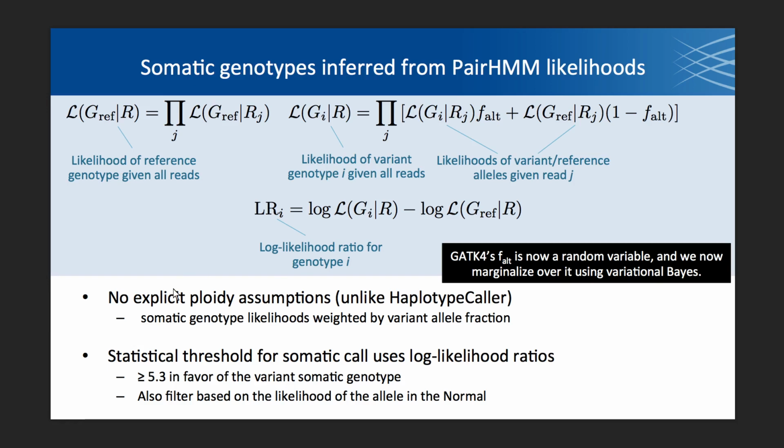In essence, the math is more rigorous. The statistical threshold for somatic calling uses log likelihood ratios greater than or equal to 5.3 in favor of the variant somatic genotype. And we also filter based on the likelihood of the alleles in the normal.